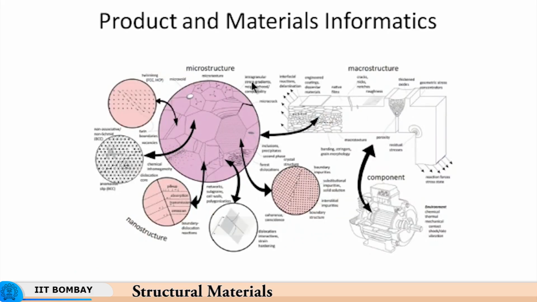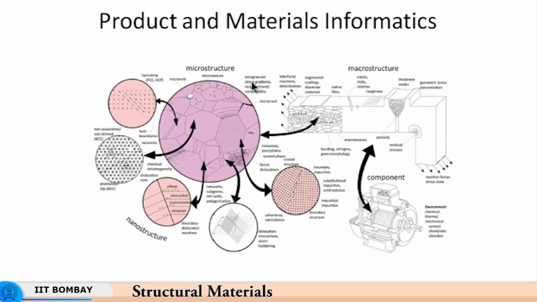So, this summarizes whatever I have talked about so far. You have a component, and this is basically a cast component, and then you are generating a microstructure. So, you need certain properties of the material, and then you have a certain manufacturing process that gives you the macrostructure. That macrostructure translates into microstructure.